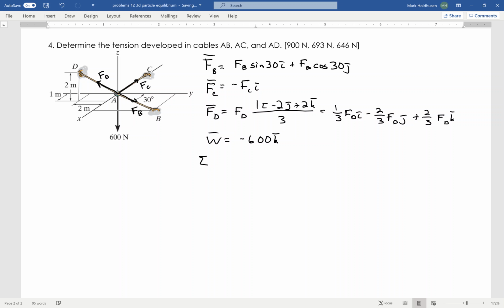So we'll sum the forces in the X direction, and I get FB sine 30 minus FC plus 1/3 FD equals 0. Do it in the y direction. I get FB cosine 30, nothing for FC, minus 2/3 FD.